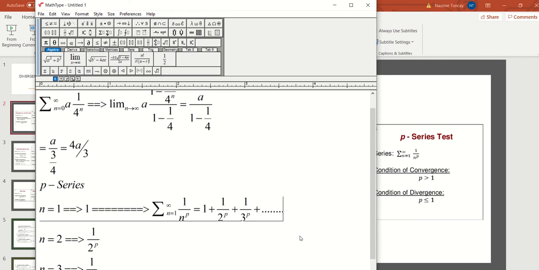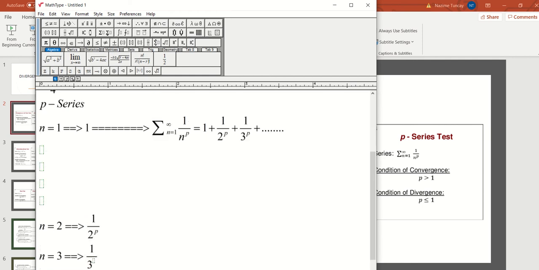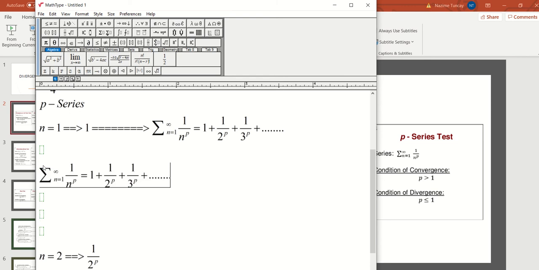So in this series, when we have P bigger than 1, let us say P is 2, then this series converges.